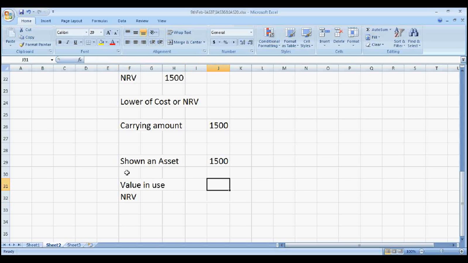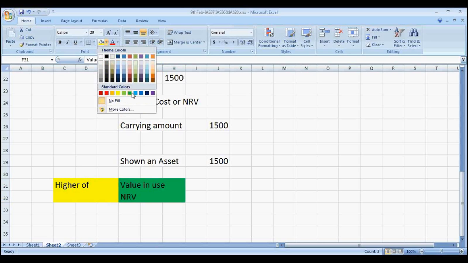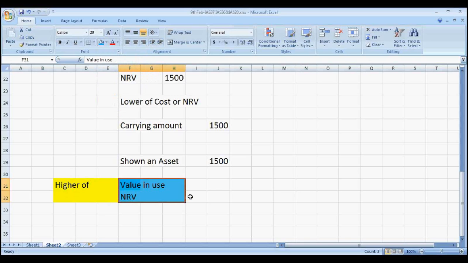If I use it, so impairment testing is what? Impairment testing is simply comparison of this carrying amount with the recoverable amount, and recoverable amount is made up of these two things. The higher of these two values is your recoverable amount, isn't it? To know your recoverable amount, you need to know the higher of these two values.